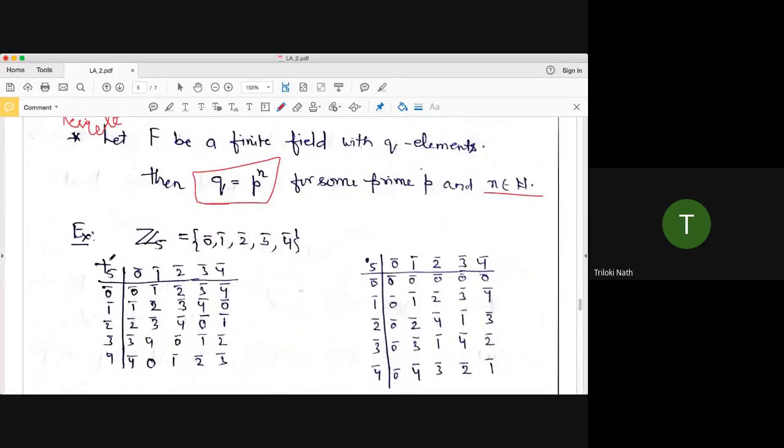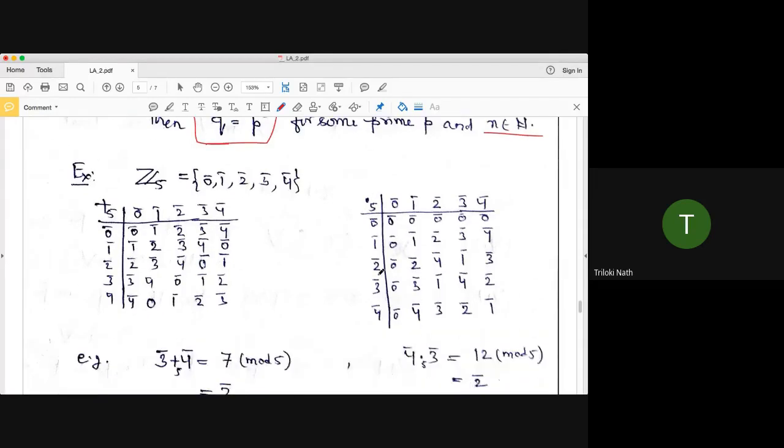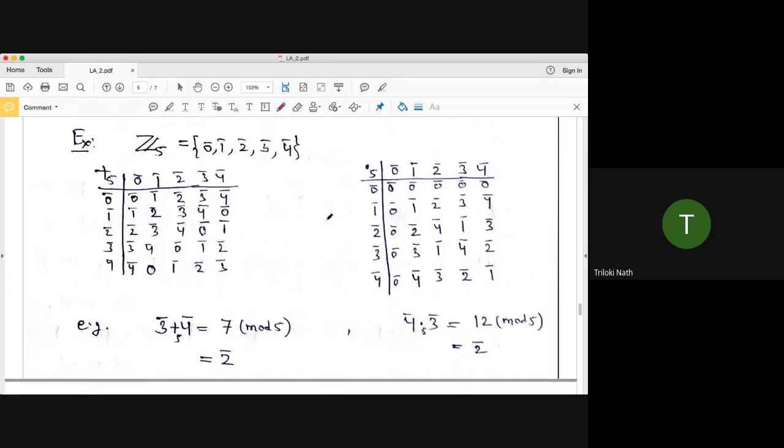Z5 is a field under addition modulo 5 and multiplication modulo 5. So this is the composition table for addition modulo 5 and multiplication modulo 5. For example, how to add 3 and 4, that is 3 modulo 5 and 4 modulo 5. Adding gives you 7 modulo 5, which is just 2 modulo 5, that is 2 bar.